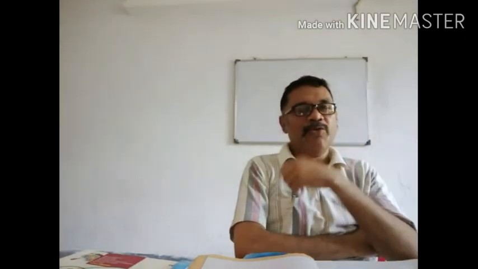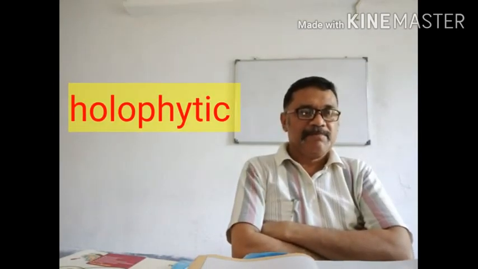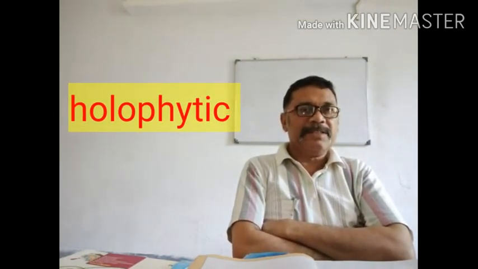Okay. Nutrition in plants is also called holophytic nutrition. Another term is holozoic nutrition, which is applicable for animals, nutrition in animals. The next chapter, nutrition in animals, covers that. So holophytic nutrition means they intake only liquid food.